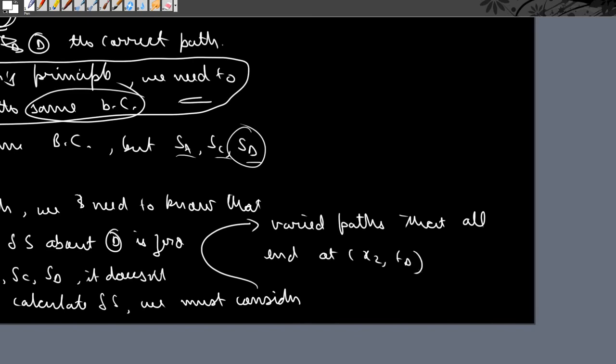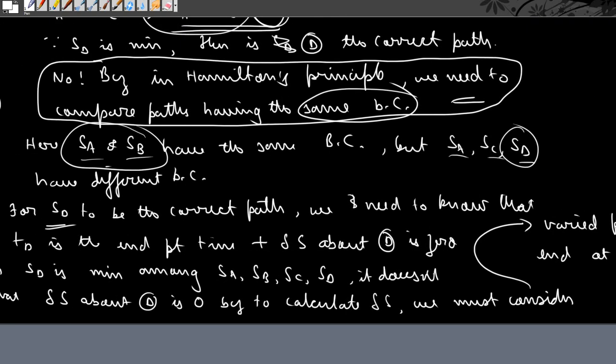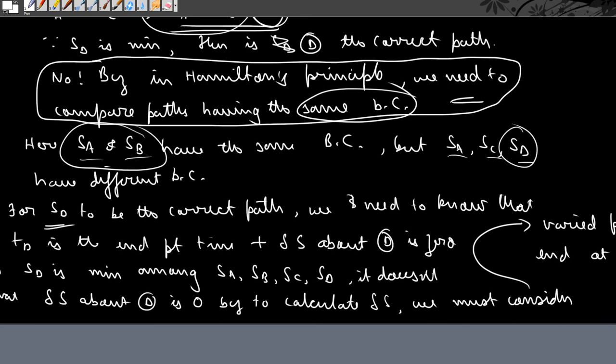Only then can we say that the variation in S should be 0. And if that condition is met, only then our path corresponding to SD will be minimum.